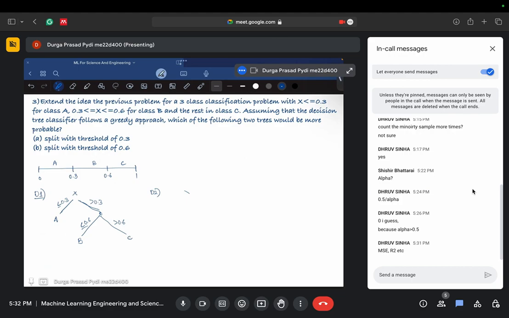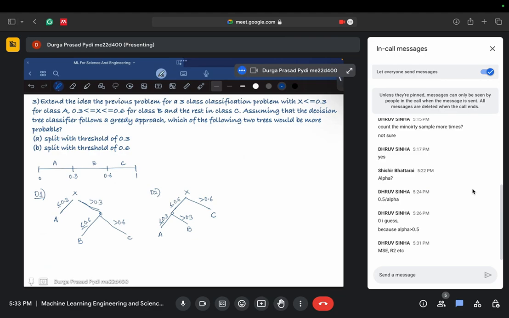The other solution is, instead of splitting at 0.3, initially it could split at 0.6. Anything less than or equal to 0.6, you can have 2 possibilities. Again, less than or equal to 0.3, you can classify it as A. Greater than 0.3, you can classify it as B. Anything greater than 0.6, you can classify it as C. So this is the second tree. Both of them are solutions, both will actually give us answers to the original problem.